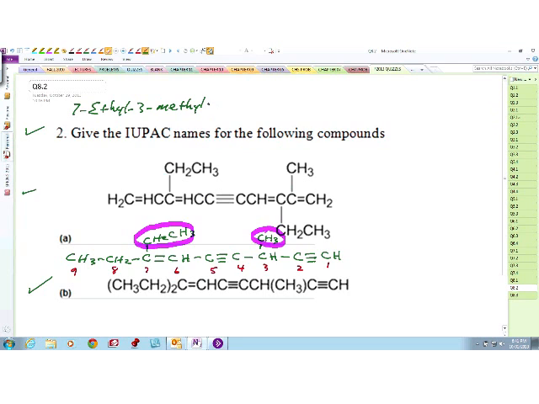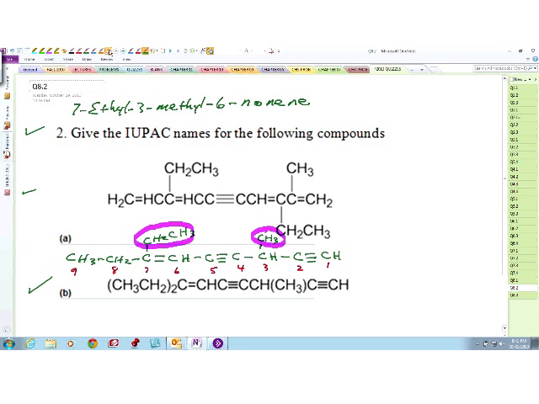7-ethyl, 3-methyl. Now we indicate the position of the double bond, right? Where is the position of the double bond? That is 6? Okay, and that is 9 carbons in the chain, so that becomes non-ene.